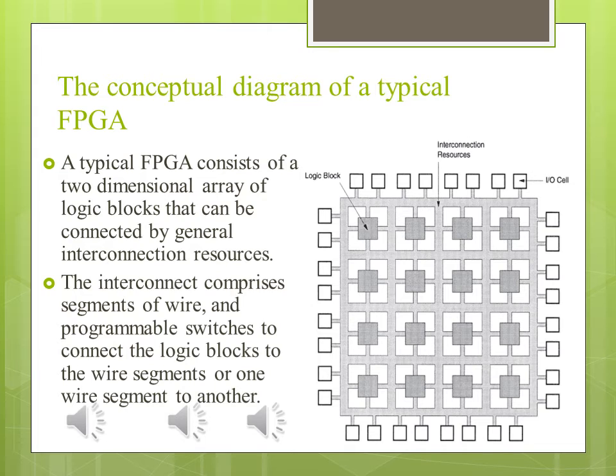Other blocks have more complex structures such as multiplexers or lookup tables. In some FPGAs, logic blocks correspond to an entire PAL-like architecture. Most logic blocks also contain some type of flip-flop to aid in the implementation of sequential circuits.